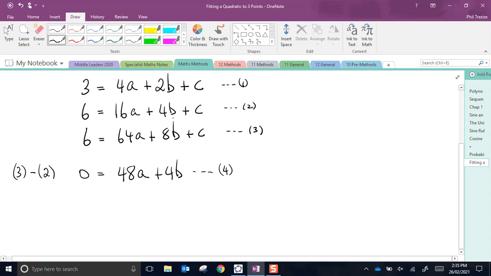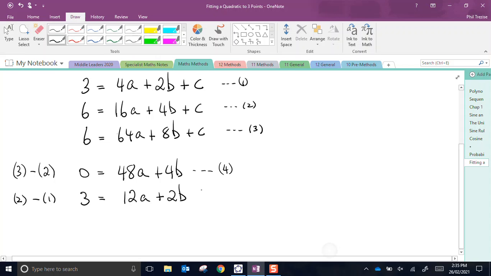Now I think I'm going to go equation 2 subtract equation 1. 6 take 3 is 3. 16a take 4a is 12a. 4b take 2b is 2b, and c take c disappears, and that's equation 5.